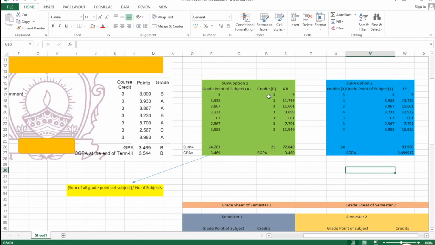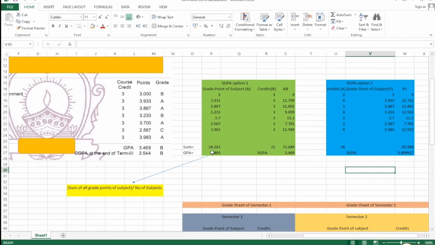SGPA option 1. Now why I have written option 1? Because in our grade, in our award list, or in our grade sheet which is being given to the student, all subjects were having 3 credits. So things became very easy, right? And in order to avoid confusion regarding calculation of GPA and SGPA, I have taken another option 2, so as to differentiate between them.